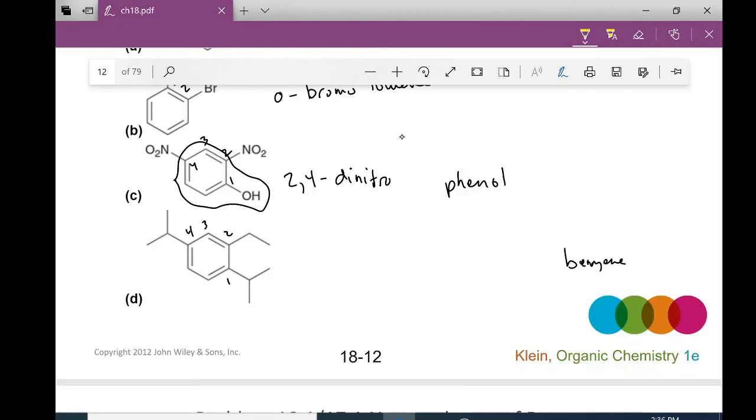Let's try a couple of different ways. 1, 2, 3, 4, 5. I think we're going to have to go along the black path. So that's 2-ethyl, 1,4-isopropyl benzene. That doesn't look very good. I'll go ahead and erase that.